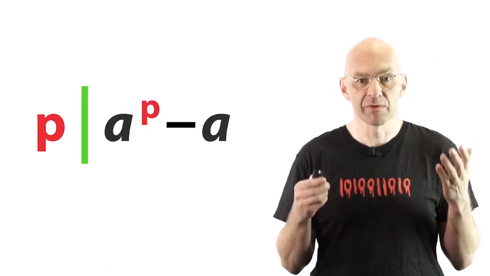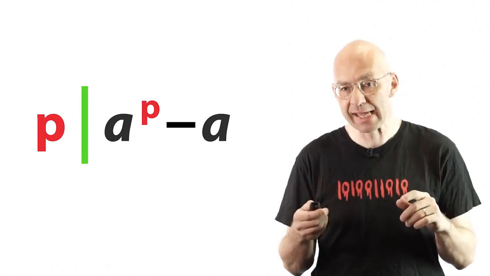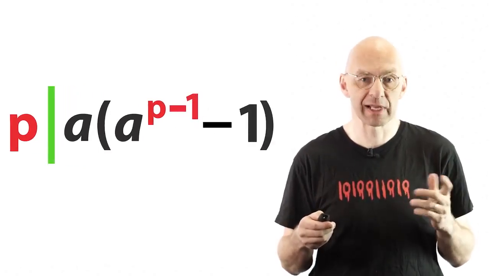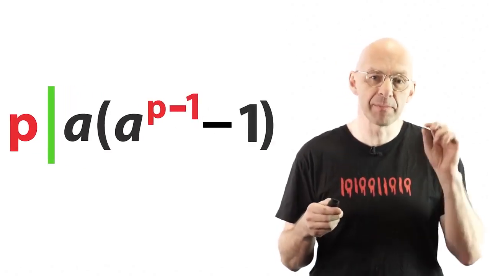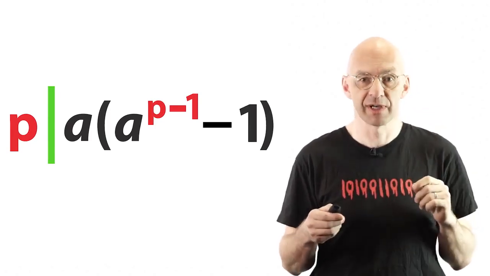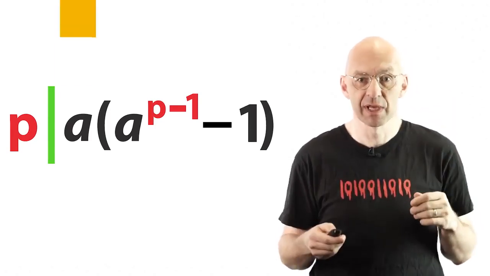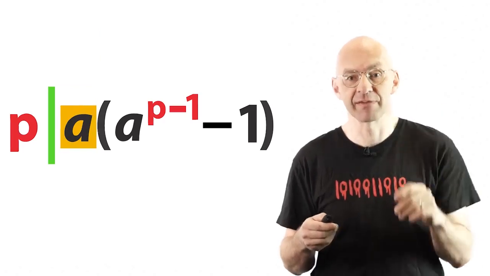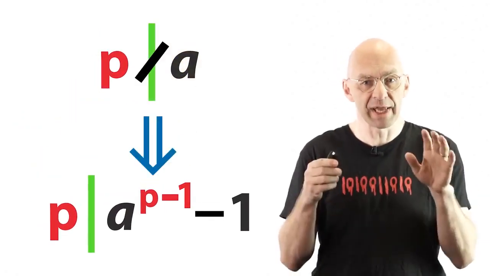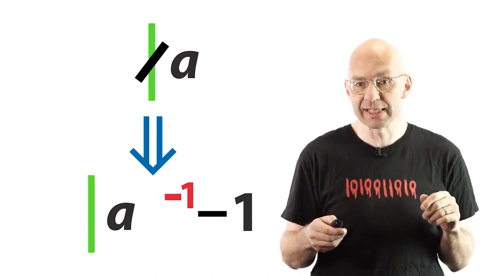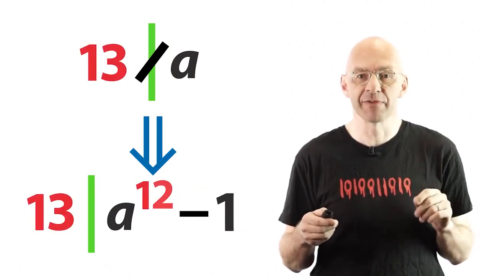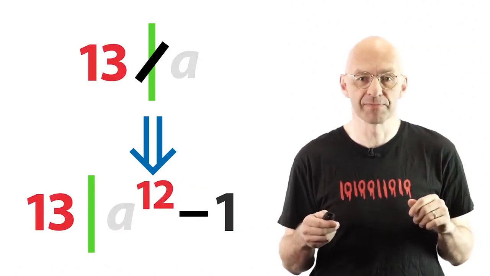What do? Well, we first take the common factor a out of the difference, like that. This shows that if the prime p does not divide the first factor, our integer a, then it must divide the second factor, right? Pretty obvious. Okay, now to our unlucky prime 13 and the base 11 of our monster integer.